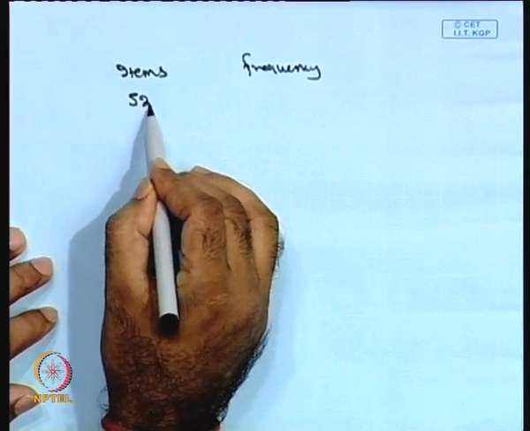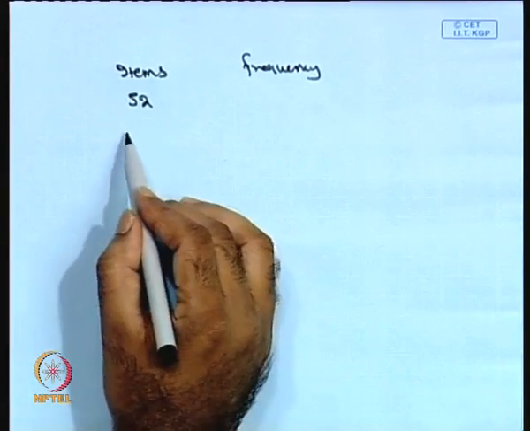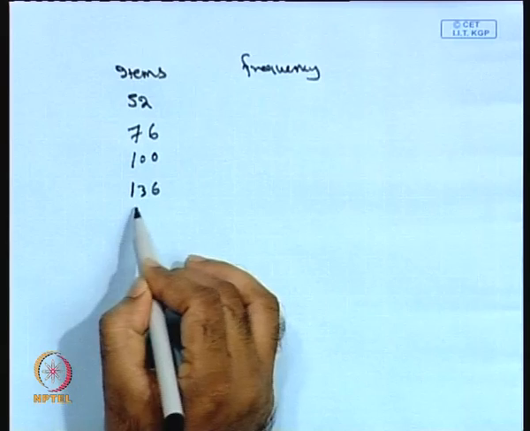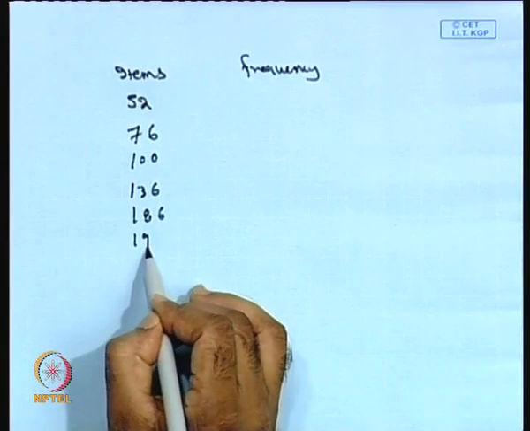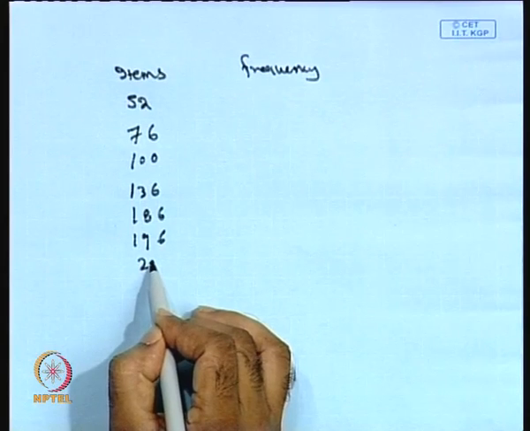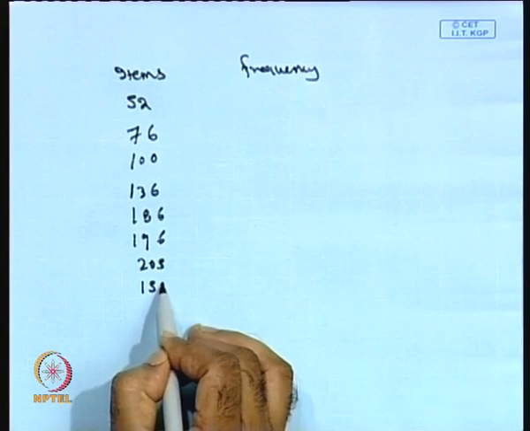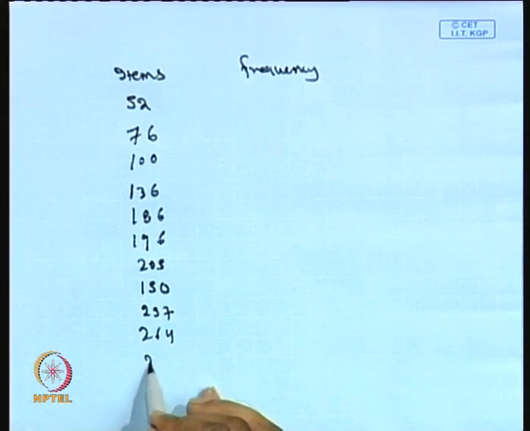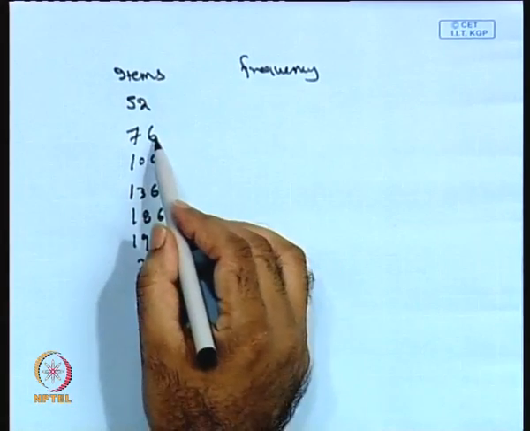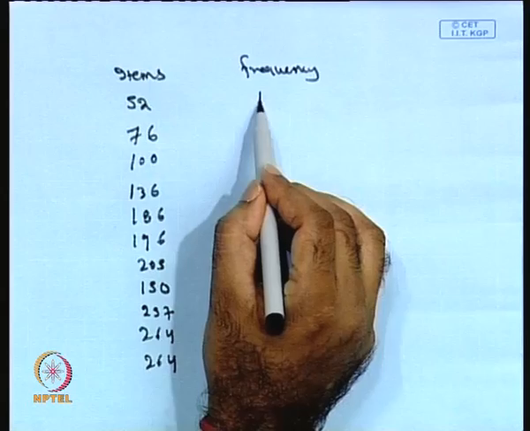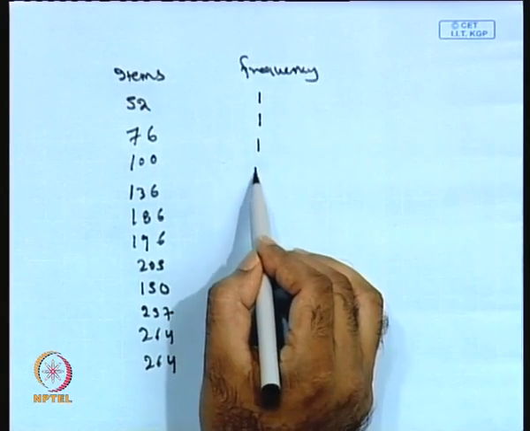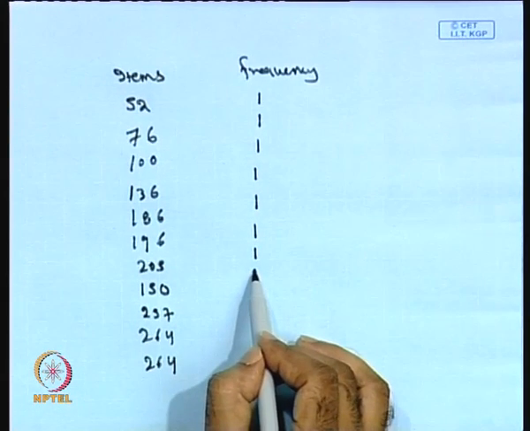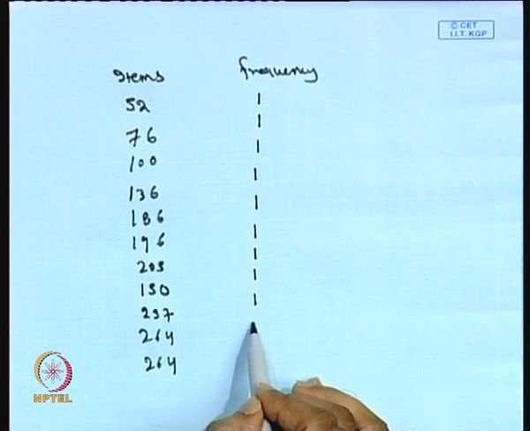Let us take 52, then 76, then 100, then 136, then 186, 196, 205, then 150, then 257, then 264, then 264. If we compare here, 52 is 1, 76 is 1, 100 is 1, 136 is 1, 186 is 1, 196 is 1, 205 is 1, 150 is 1, 257 is 1, 264 is 1.